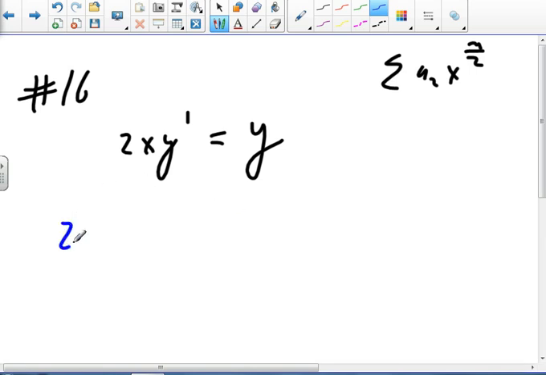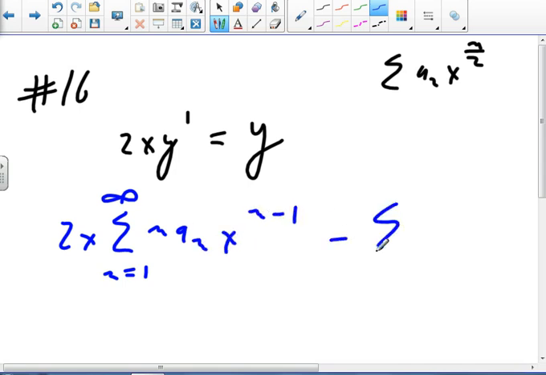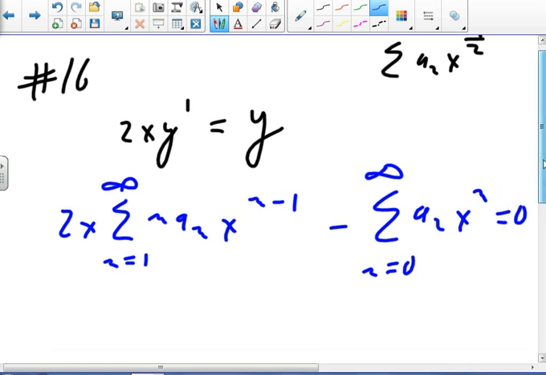Okay, so I've got 2x summation n equal 1 to infinity n a_n x to the n minus 1 minus summation n equals 0 to infinity a_n x to the n equals 0.